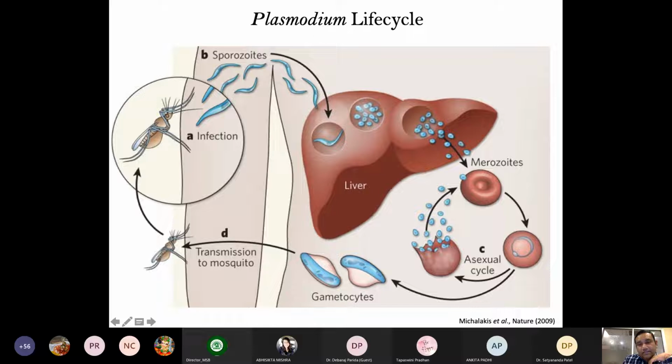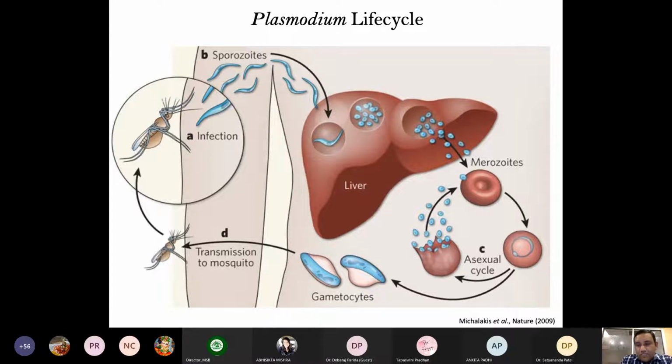Then these sporozoites migrate to the liver, and in the liver one sporozoite produces close to 30,000 merozoites. These merozoites come to the blood and invade your RBCs, and then they cycle. They develop into schizonts, and one infected RBC produces close to 14 to 16 merozoites. This cycle goes on, and during this cycle we get the symptoms of fever and chill, and this cycle is periodic. Depending on the species of malaria, we get periodic fever, like every 48 hours or every 72 hours, depending on which species of malaria we are infected with.